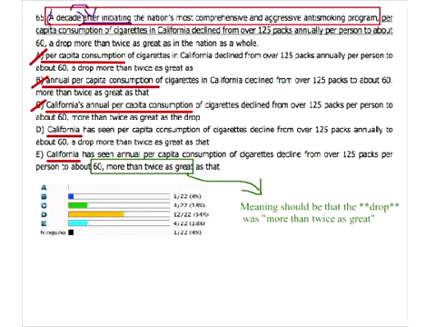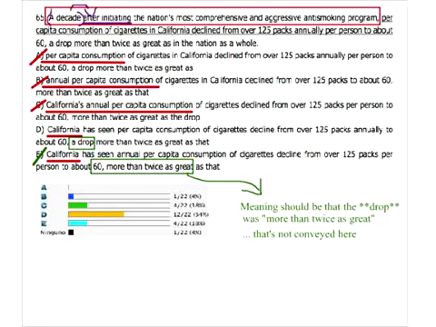That's not conveyed here. Because this choice makes it look like 60 is more than twice as great as something. Whereas this is explicit about the fact that the drop is more than twice as much. So, there you go. That's one error there.